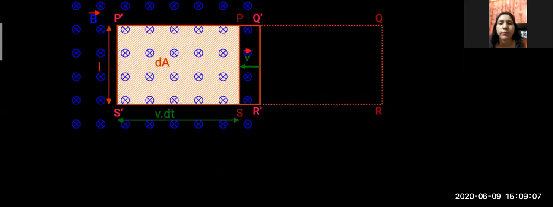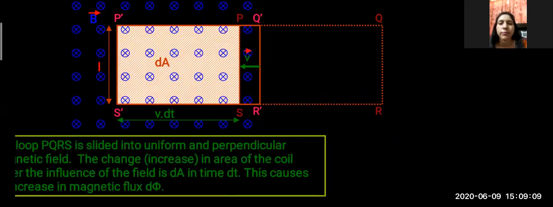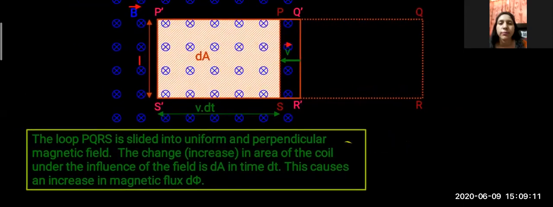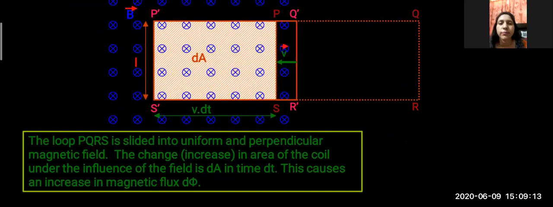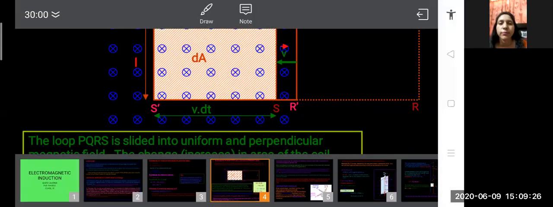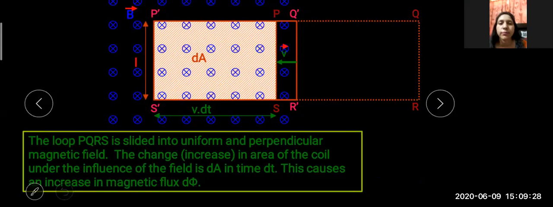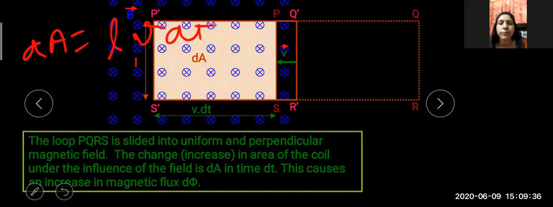Here P dash S dash equal to L. From this, S dash equal to V into dt, and P dash S dash equal to L. So the area dA is given by L into V into dt. I hope this is clear to you.